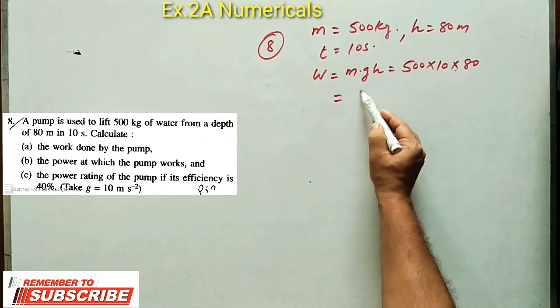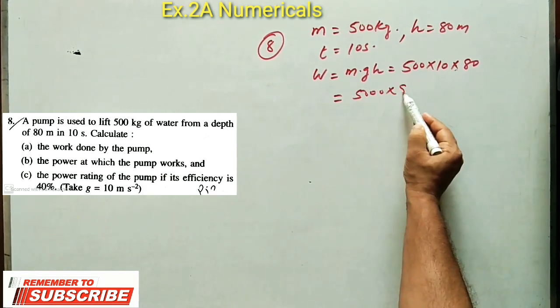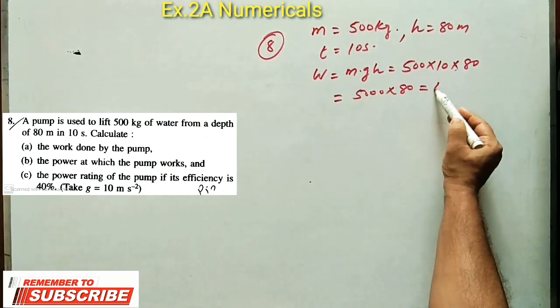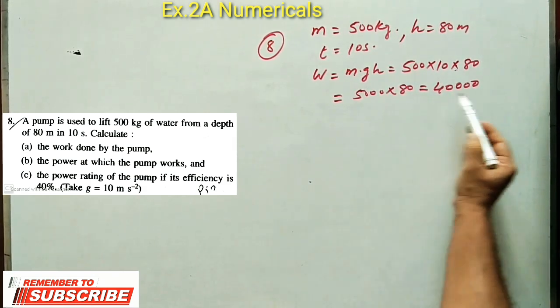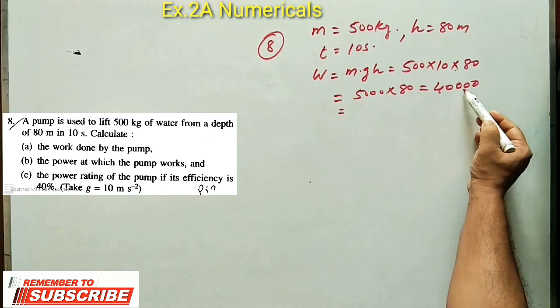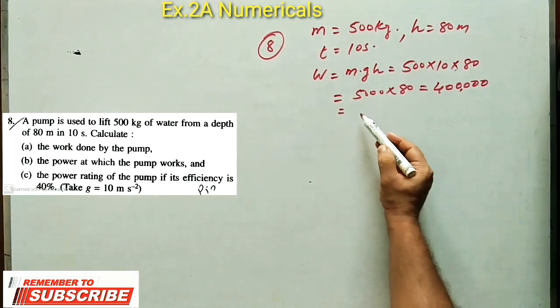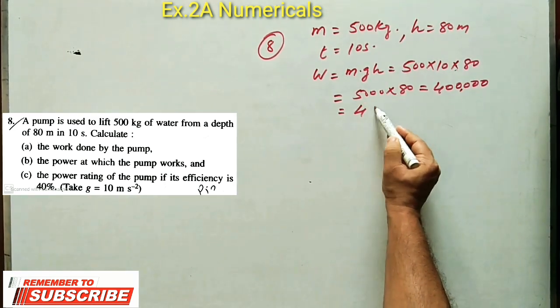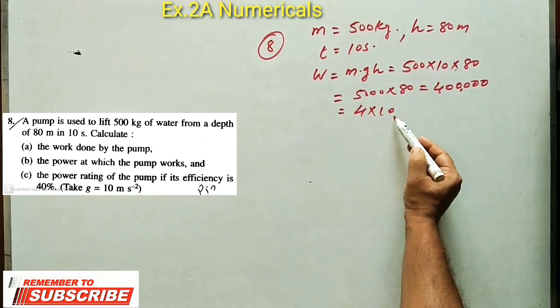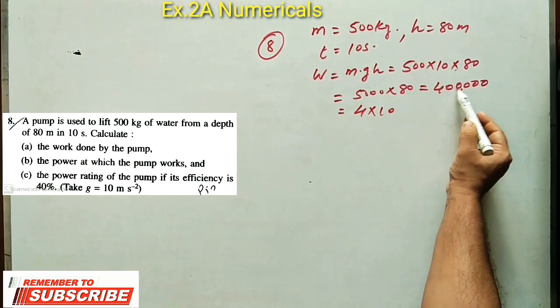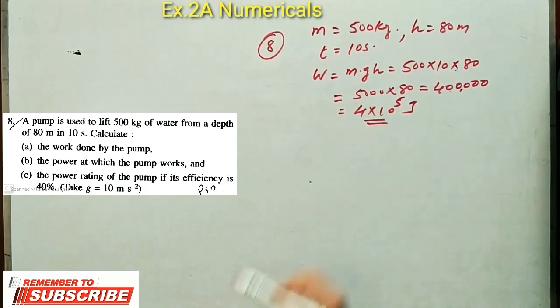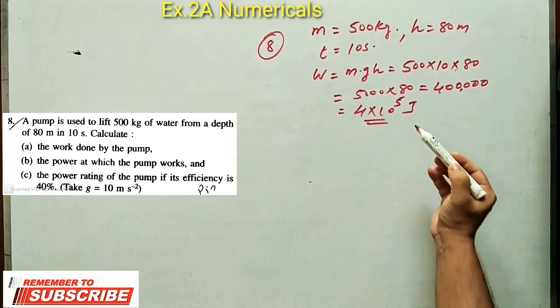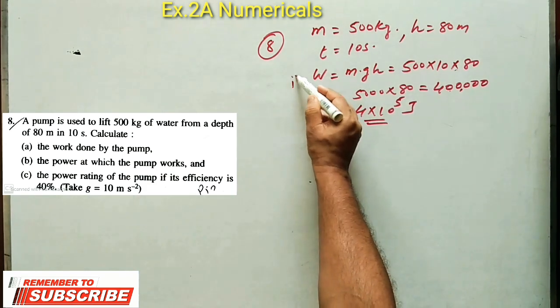So you are getting 5000 into 80. 5 8s are 40, 400,000. Clear? So I can write 4 into 10 to the power, how much? 10 to the power 5, 1, 2, 3, 4, 5. 5 joule. So this is the work done by the pump. So the first part is over.